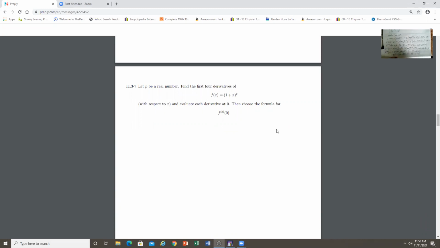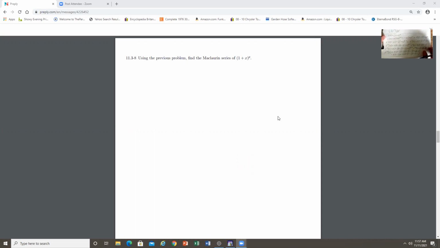So this would be the formula for the kth derivative evaluated at 0. It happens to be the numerator of that combination that opened up this document. Pretty cool, huh? How that works. All right. Okay, so that would be that there.